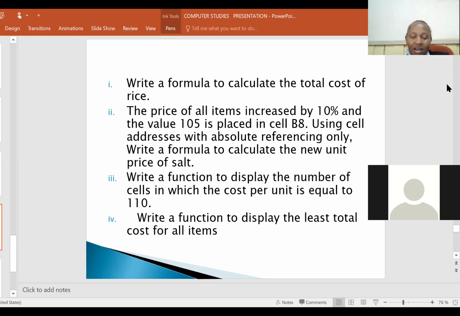Then write a function to display the least total cost for all the items. At this point, you are going to use the minimum function. You should be able to write all your functions and formulas correctly.